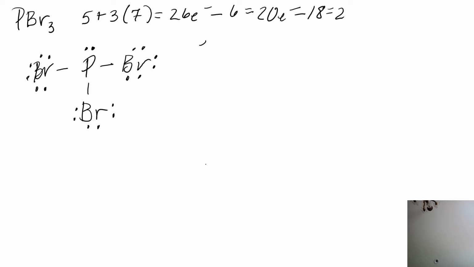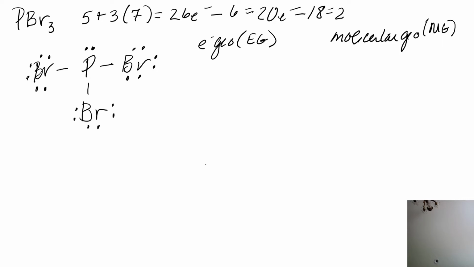Now we're going to assign both electron geometry, which I'm going to abbreviate as EG, and molecular geometry, which I'm going to refer to as MG, so I don't have to keep writing that. When we assign electron geometry, we're going to count the electron groups around the central atom. In this structure, I have 4 electron groups.